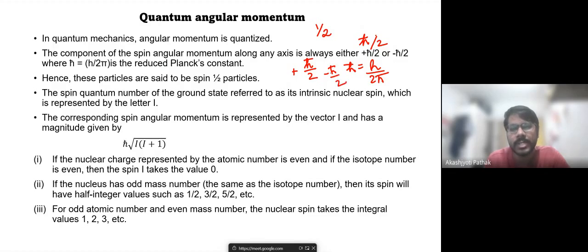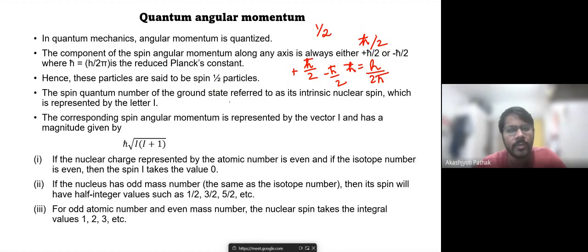We will look at these two things in detail in the upcoming slide. But for now, just understand that because this nuclei has a spin, it will also be associated with a nuclear angular momentum. So for the nuclei which is having a spin half, the angular momentum will have two values: h bar by 2, or minus h bar by 2.